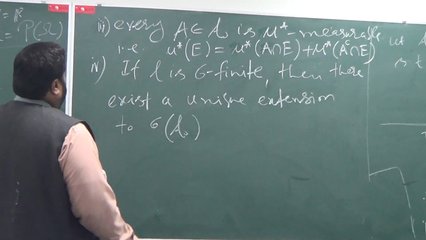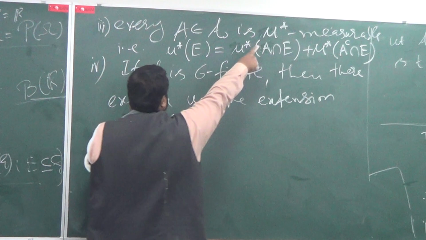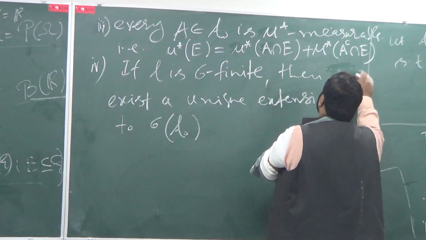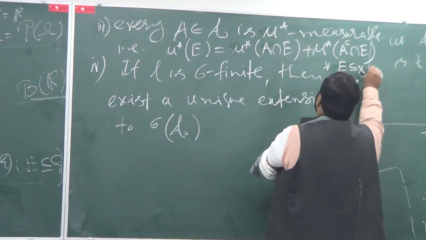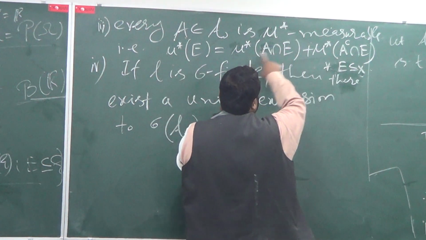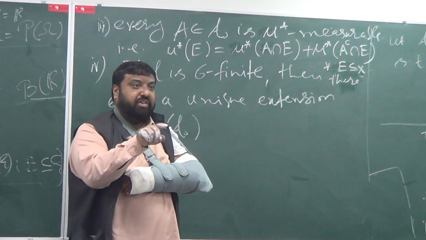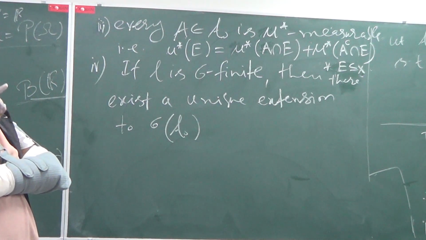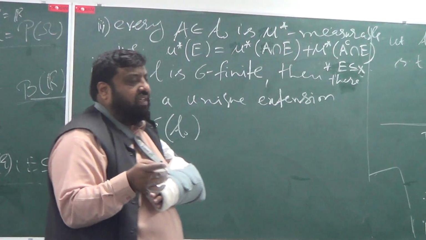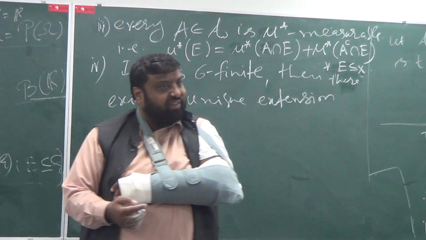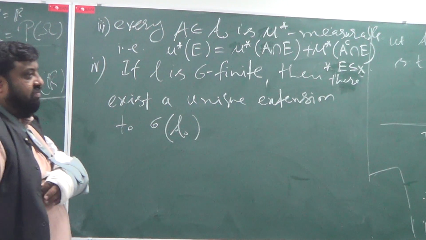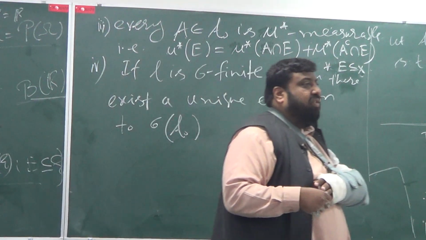In other words, a set A is mu star measurable if this identity is true for all subsets E of X, for fixed A. No matter what E you take, you can always think about it. So how can I interpret this identity?